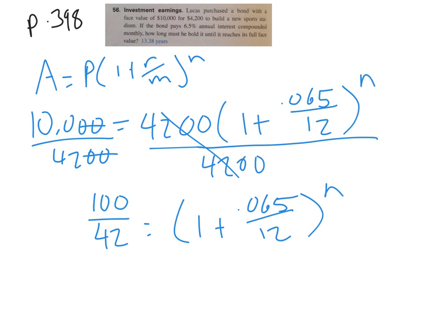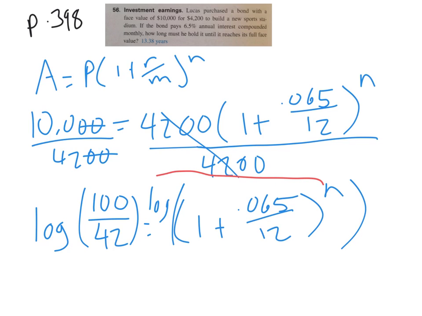So if we want to get this variable by itself, to get it out of the exponent, we are going to have to take a logarithm of both sides. So essentially you're going to apply a log to this side and then apply a log to this whole side. And the whole point is this exponent is now going to come down in front of the logarithm because of the exponent property of log.